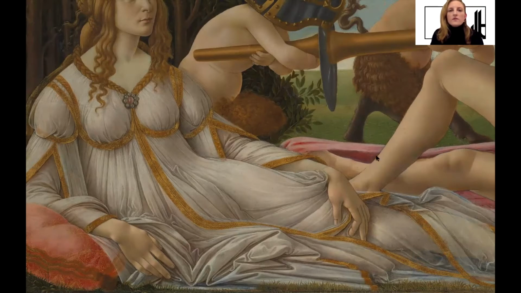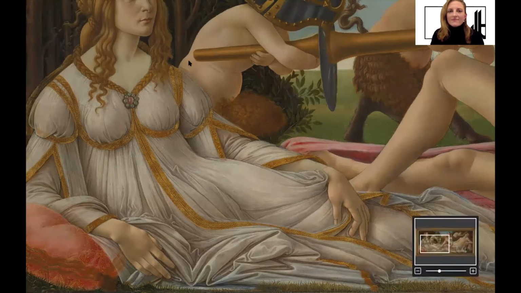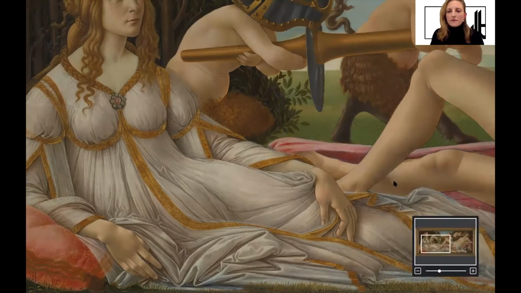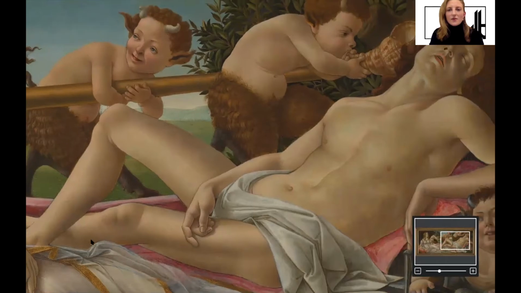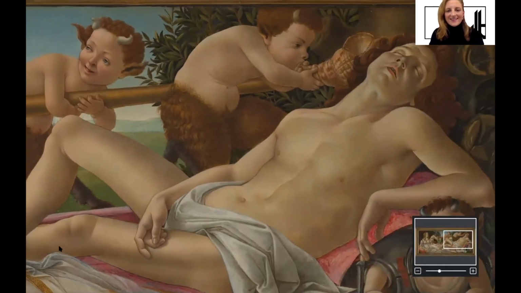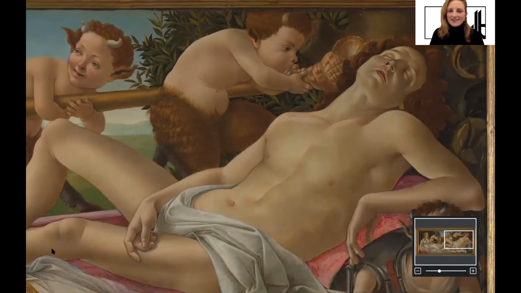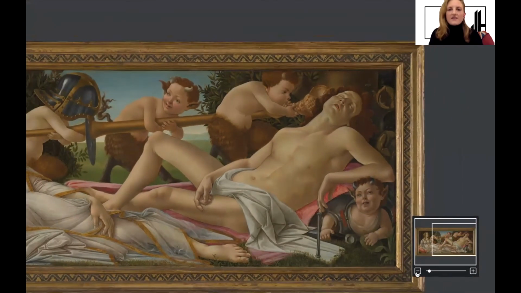If we move over to the other side of the painting, we see another figure who, conversely, is rather undressed. This is a male figure who is almost in the nude, reclining sort of in a mirroring format.